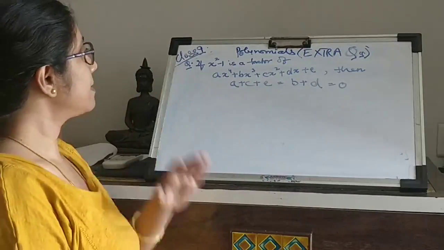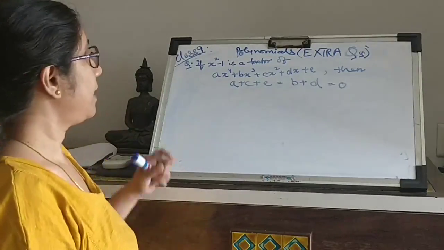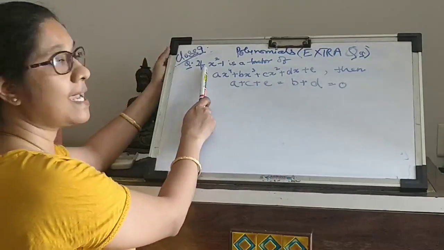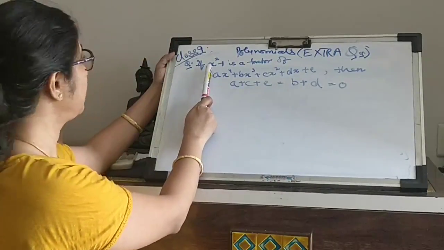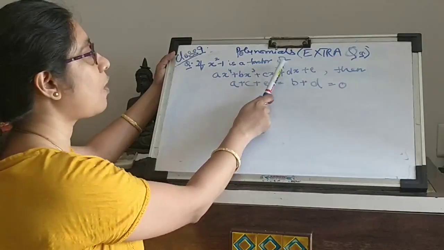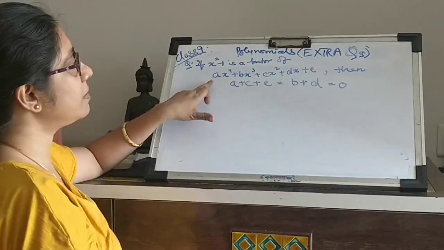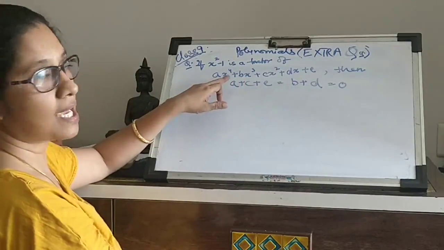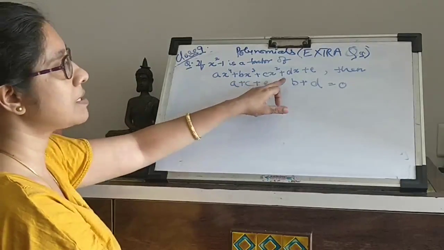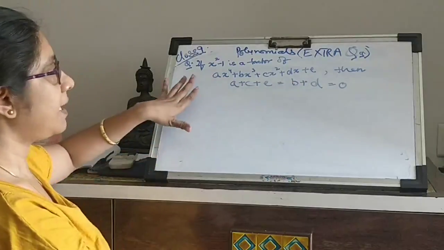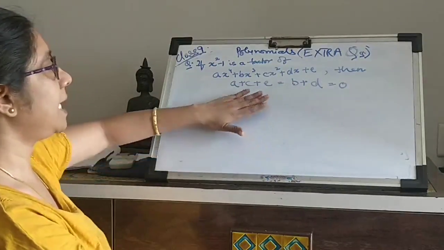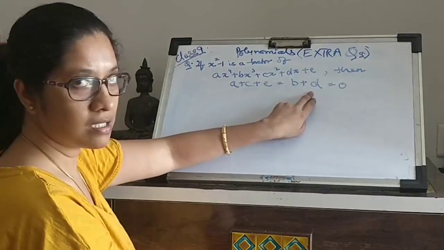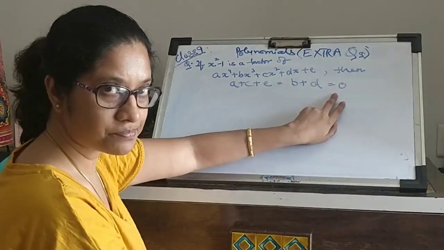So this is what it says. If x square minus 1 is a factor of the polynomial ax raised to the power 4 plus bx cubed plus cx square plus dx plus e, then we have to prove that a plus c plus e is equal to b plus d, which is equal to 0.